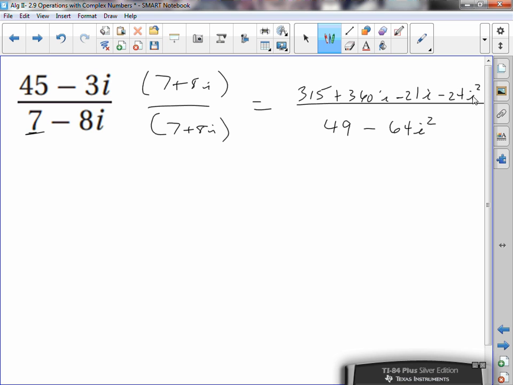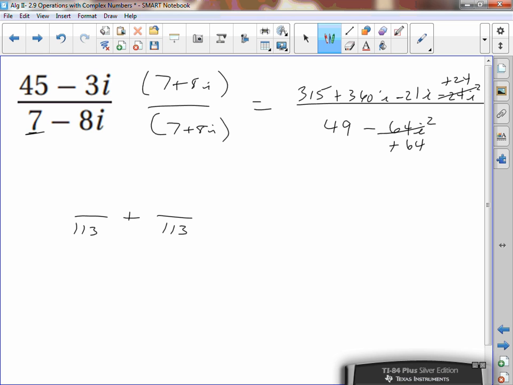This right here, having an i squared, will make this negative 24 a plus 24. This one here will make this negative 64 a plus 64. Now, what I saw a couple people do is this. They broke it up right now. What's your denominator? 49 and 64 is, and they put 113 here and 113 here.